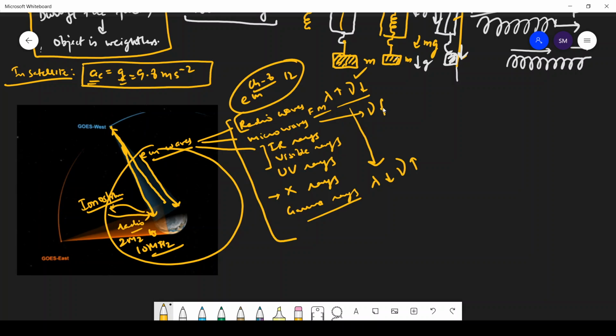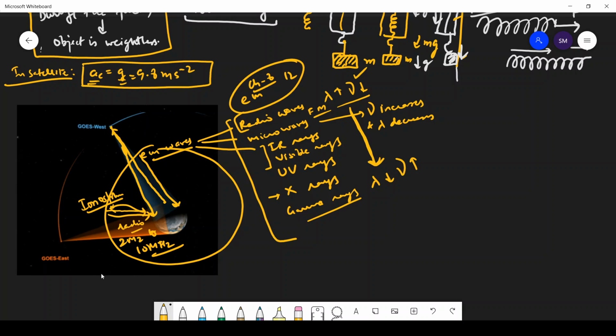As you move down, frequency increases and wavelength decreases. We call the frequency up to which waves are reflected back from the ionosphere the critical frequency. So that maximum frequency is your critical frequency.